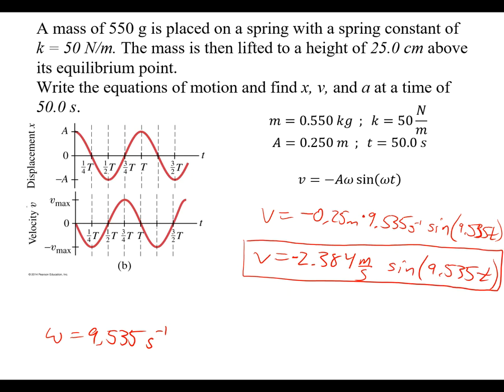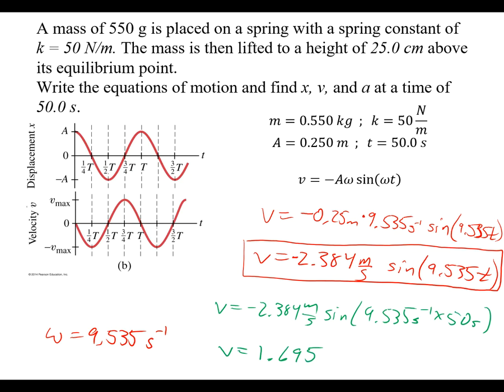Okay, so if we go in and plug in our value of 50 seconds, that'd be negative 2.384 meters per second times the sine of 9.535, again that's inverse seconds, times 50 seconds. That gives us a velocity of 1.695 meters per second, or 1.70 if you're rounding to 3 significant figures.